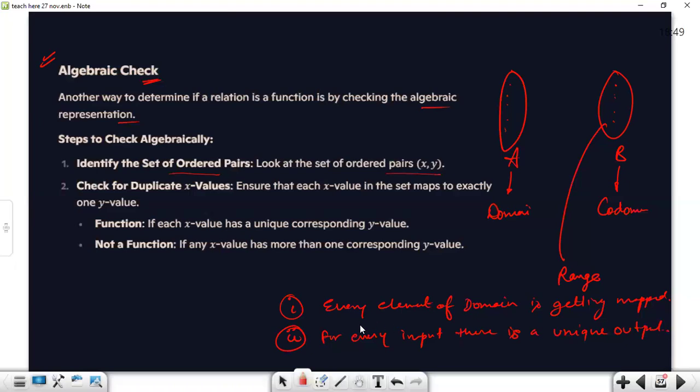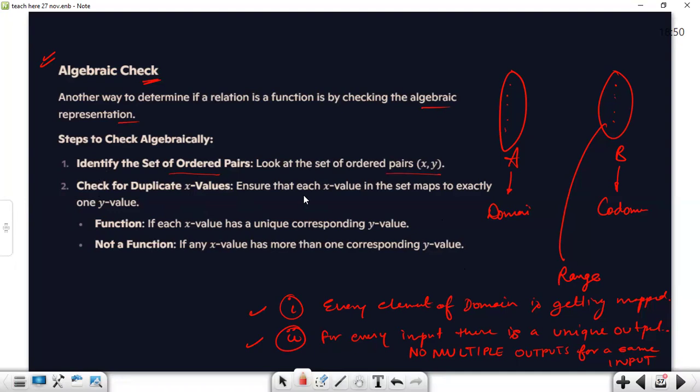It may happen that for two inputs, there is a single output. That may happen. But there should not be multiple outputs for the same input. That's one clear statement. You should not leave any doubts in your head. So these are the two conditions you have to see after doing this.